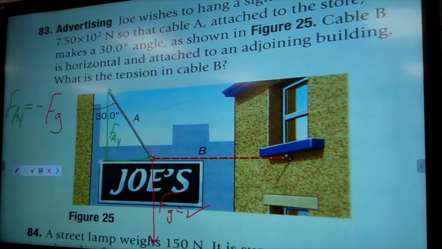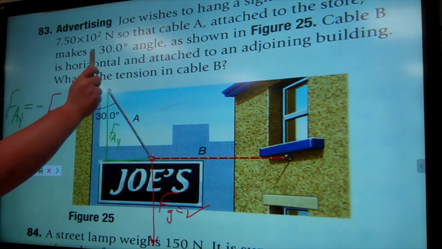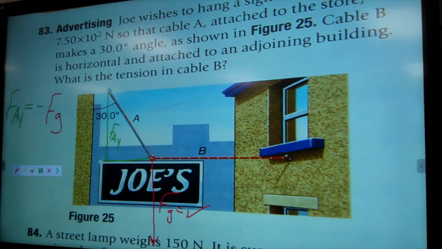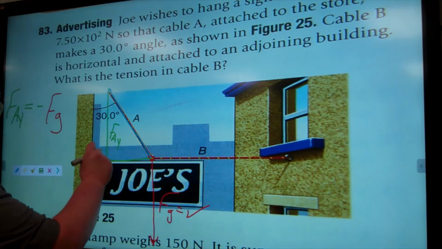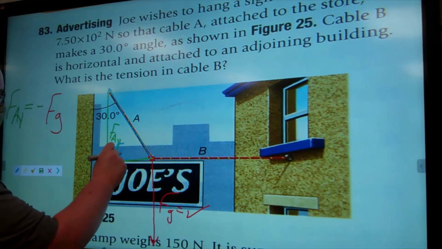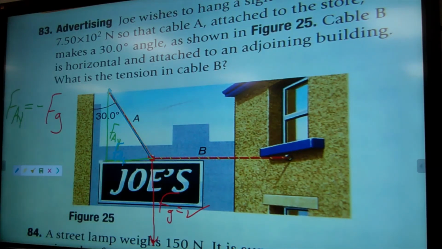Now here's the thing. What are you being asked for? The tension in cable B, that's a force. So how are we going to find the force of tension B? What is keeping it from moving in the X direction? We've got to find the force of A, X component first.